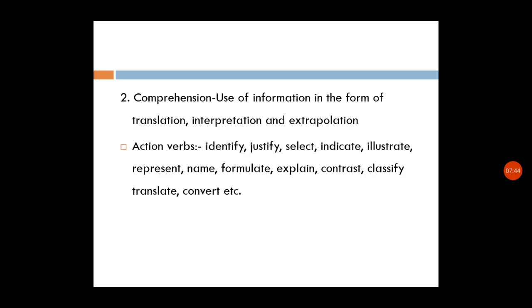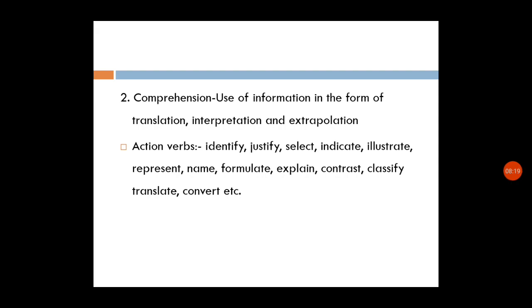Now you are going to the second level, that is comprehension. Comprehension is the use of information in the form of translation, interpretation, and extrapolation. Here the information you know is translated, interpreted, or extrapolated. Translation means another word is used instead of a given word.